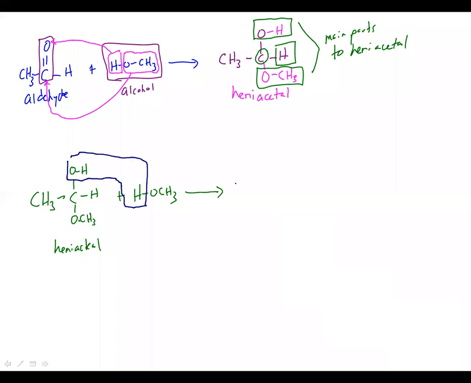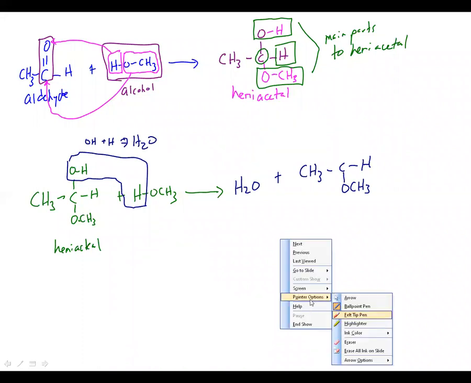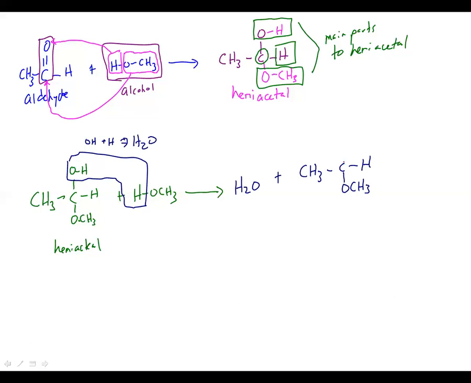OH plus H gets you H2O, so that is where water is going to come from. We have now removed that OH out of the way, and what is left to come in is that oxygen carbon group. So we will get something that looks like this. This oxygen carbon group is what's going to come in and end up right there.